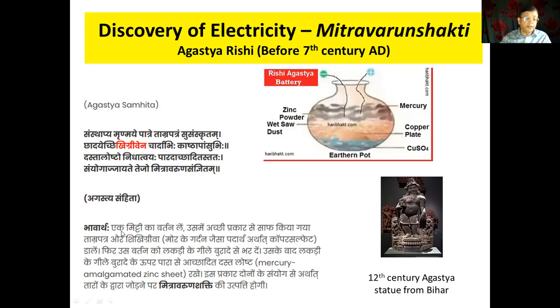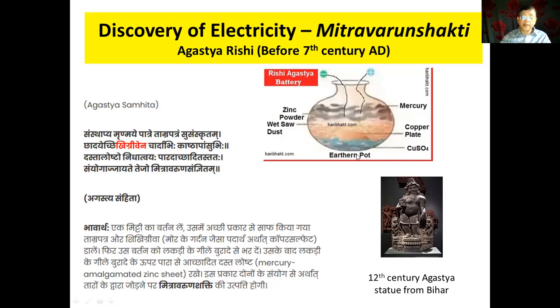He says: take an earthen pot, clean it up, and put in it copper sulfate, which had a particular name at that time. Put a copper plate here, and then put wet wooden shavings, wet sawdust here, and then a layer of zinc-coated mercury.